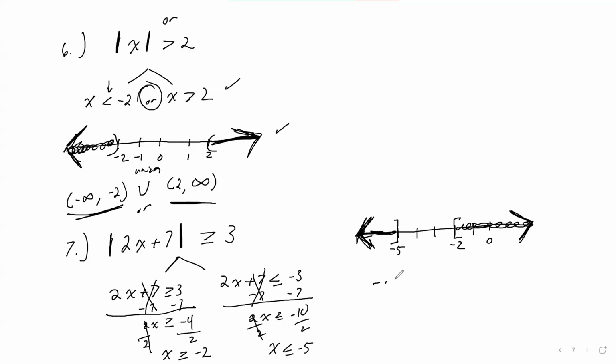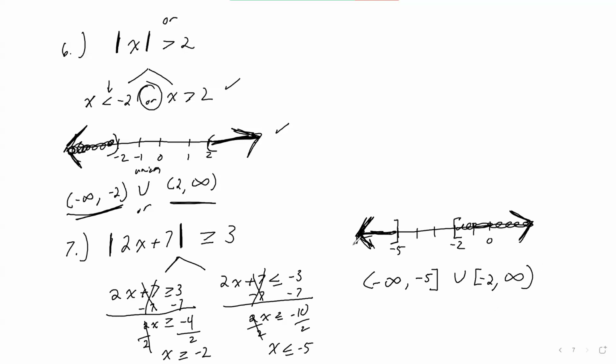So it'd be -infinity first with a parentheses, comma, -5 with a bracket, then the U, bracket, -2, perfect.